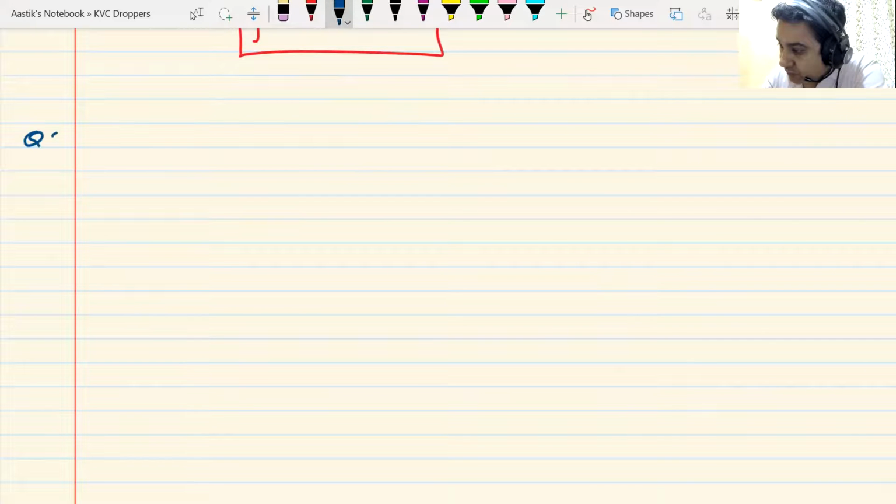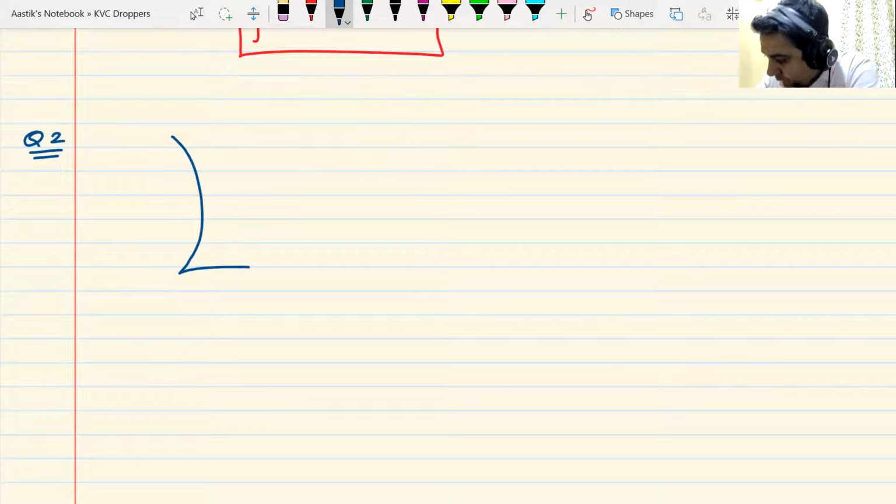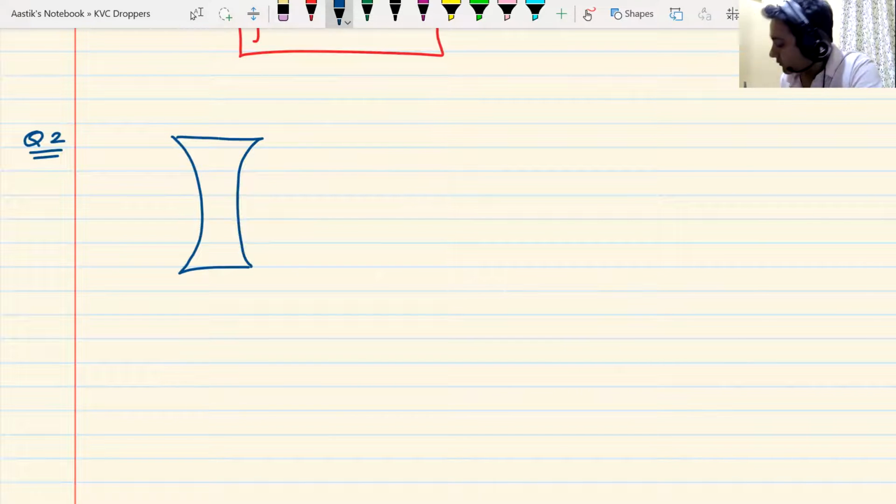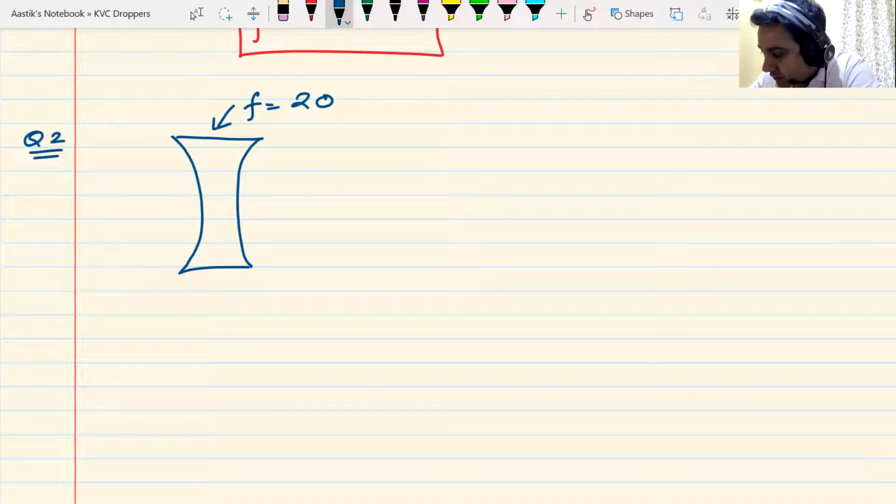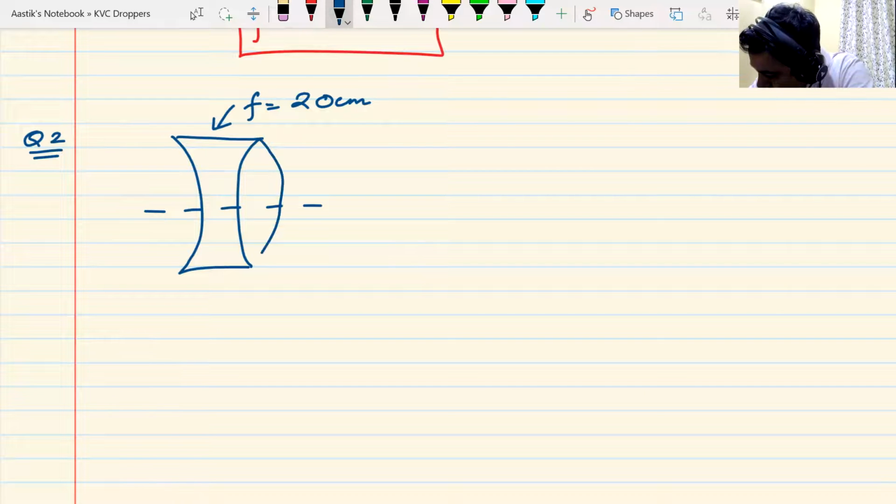Question number 2. What is this? Biconcave. Biconcave, focal length is 20 centimeters. And then I have placed, let us see, this is a concave mirror.